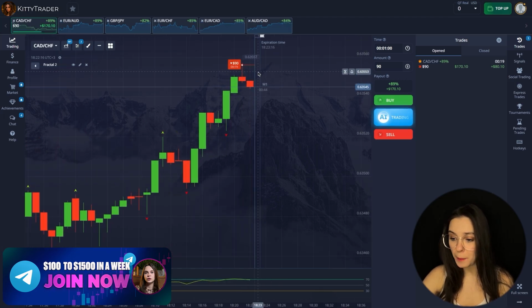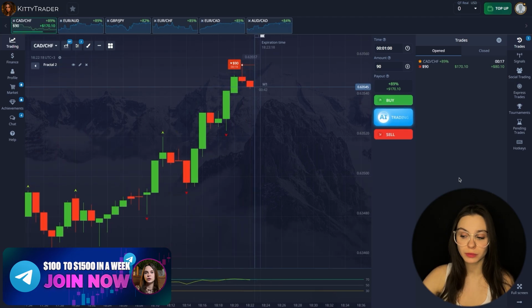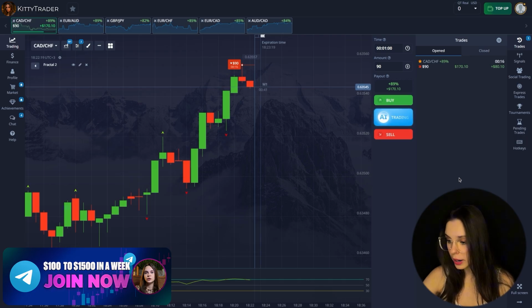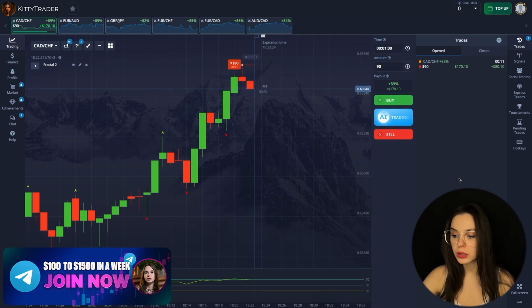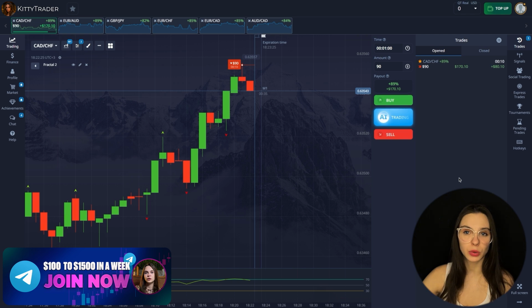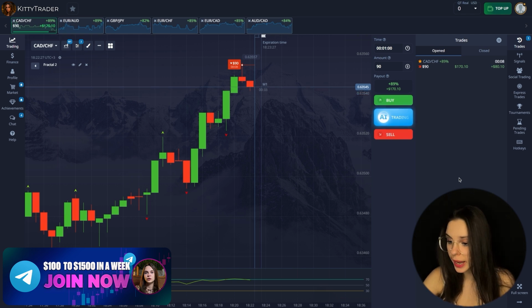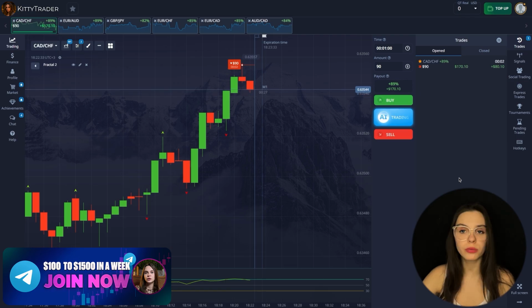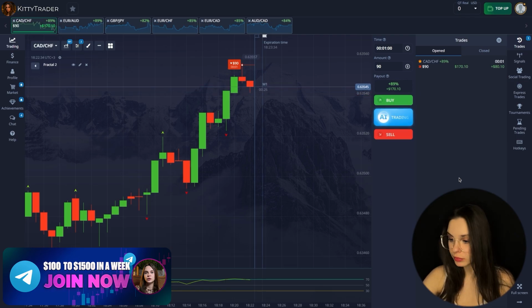So we are more likely to have a reversal. I repeat, this reversal happened according to the fractal. We identify that there is a peak point, a resistance area that I highlighted with a rectangle. And also on the RSI, similarly, we reached our resistance area, which is the value of 70. So I hope everything is clear to you.